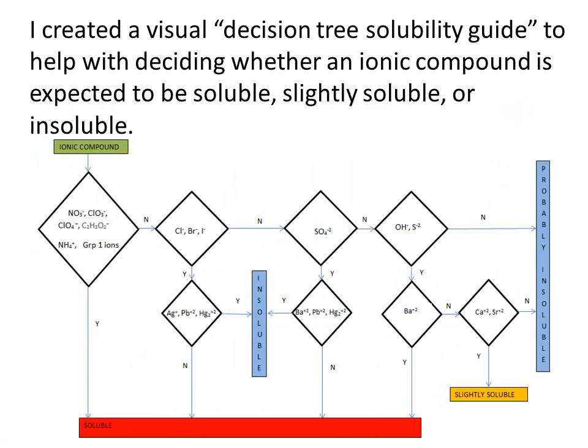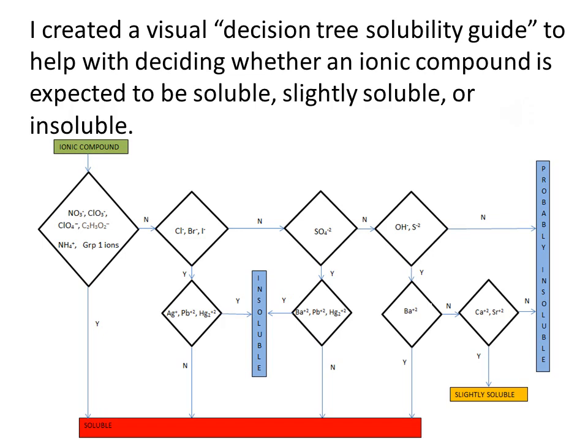Starting with the formula of the ionic compound, in green on the chart, the first question is whether it contains any of the solubility-inducing ions, nitrate, chlorate, etc., or ammonium or group 1 cations. If so, then the compound will be soluble.